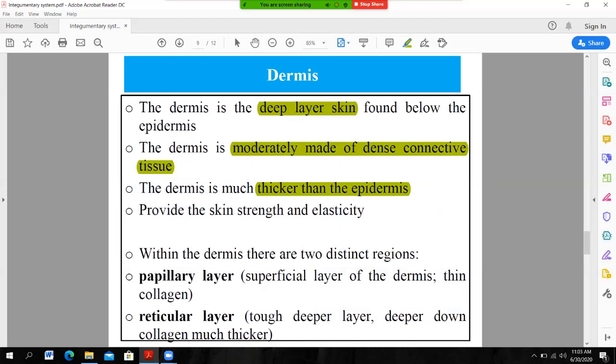The dermis provides strength and elasticity to the skin. The dermis is divided into two layers, the papillary layer and the reticular layer. The papillary layer is found at the superficial layer of the dermis, and it contains thin collagen.